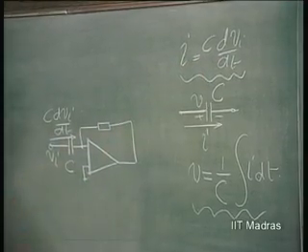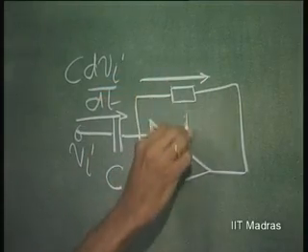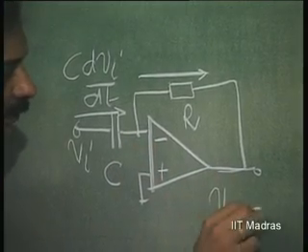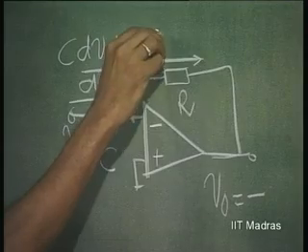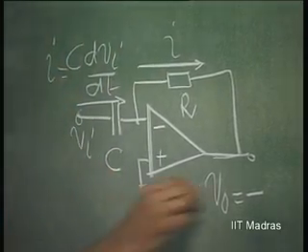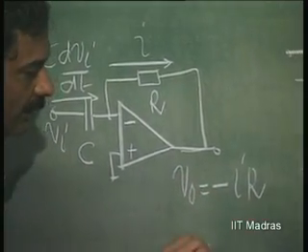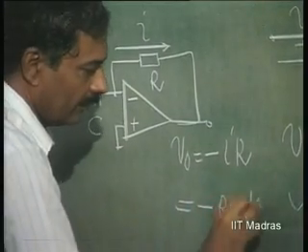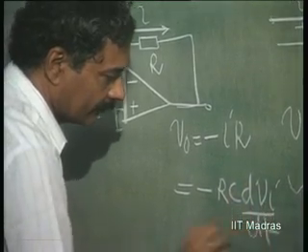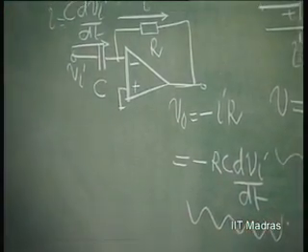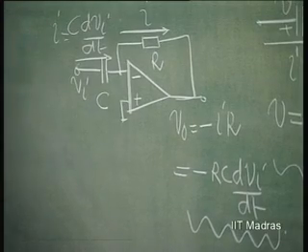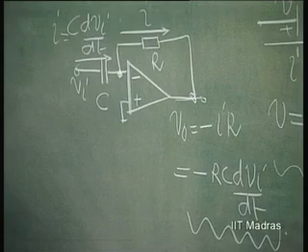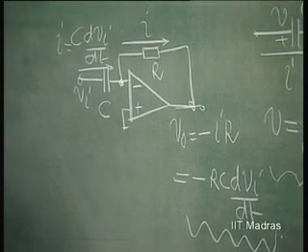This is the current through the capacitor, and the same current is forced to flow through this resistance R and develop a voltage here, which is V naught, which is minus this I times R, this is minus R C dV I by dt. So, straight away by interchanging the resistor and the capacitor in this inverting configuration, I can achieve integration as well as differentiation.